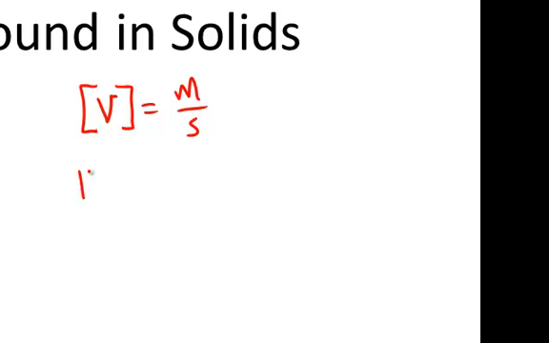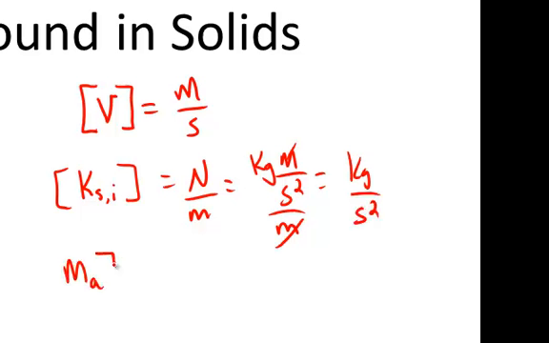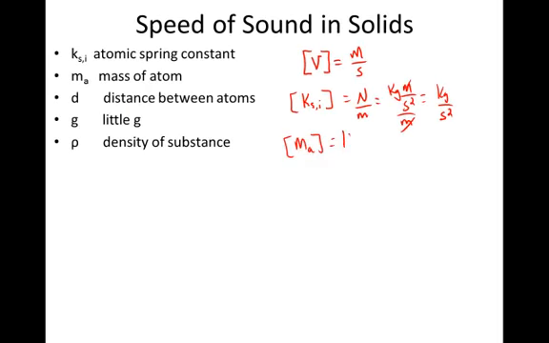Taking a look at some of these, k, the spring constant of the atomic interaction, has units of newtons per meter, which is also a kilogram meter per second squared over meters, which is kilograms per second squared. m is the mass of a single atom, and that's going to have units of kilograms.